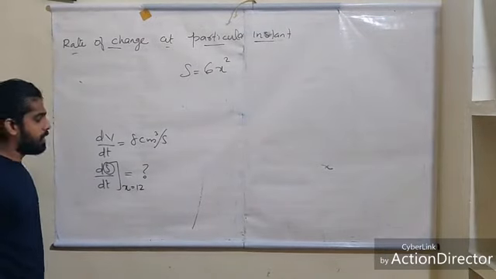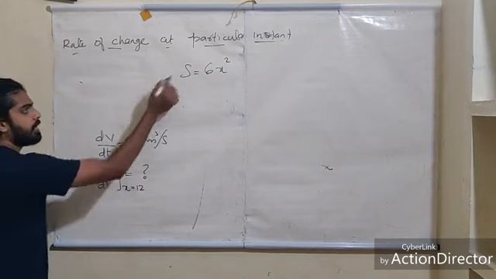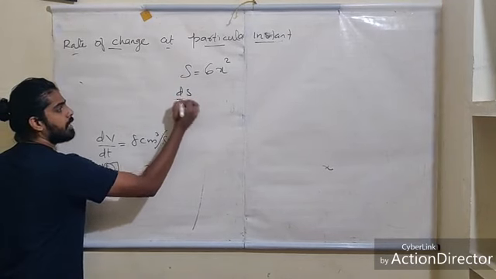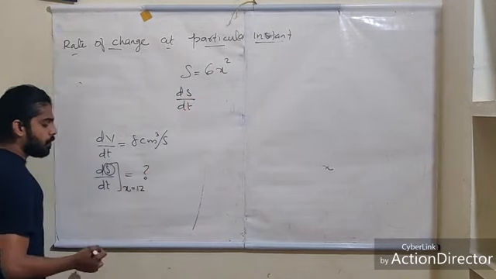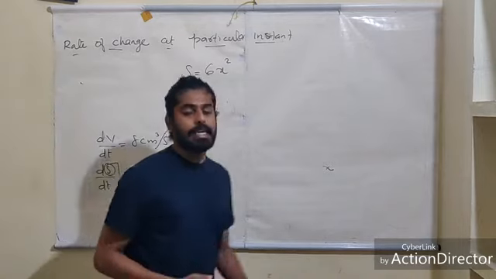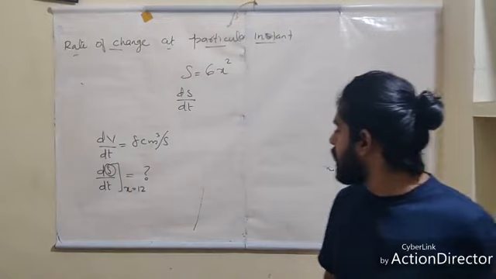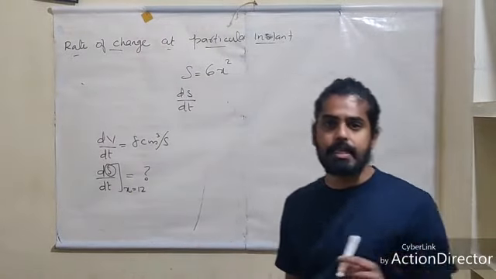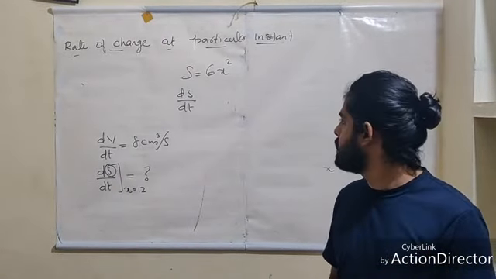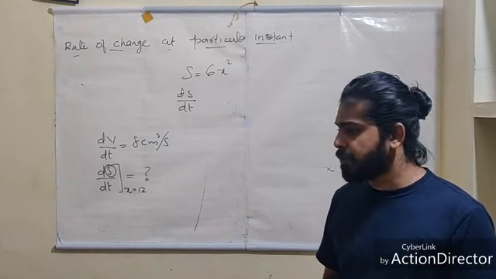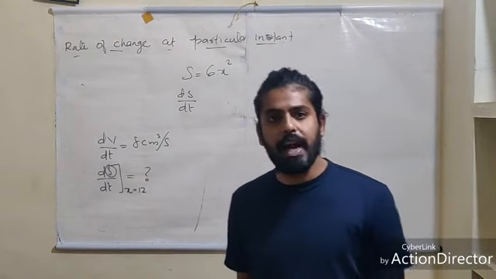So this is the surface area. dS by dt means the derivative of this. Why with respect to time? Here it is asked how fast the surface area is increasing, and it is not specified with respect to what we have to differentiate.